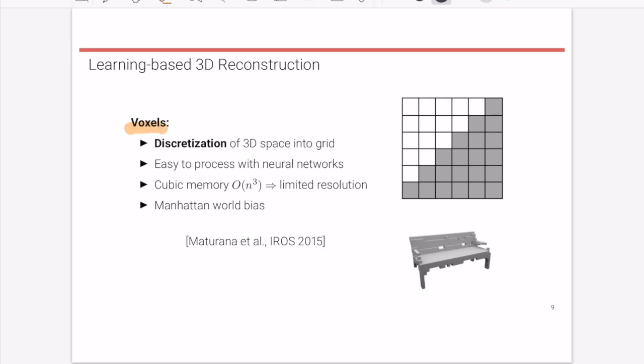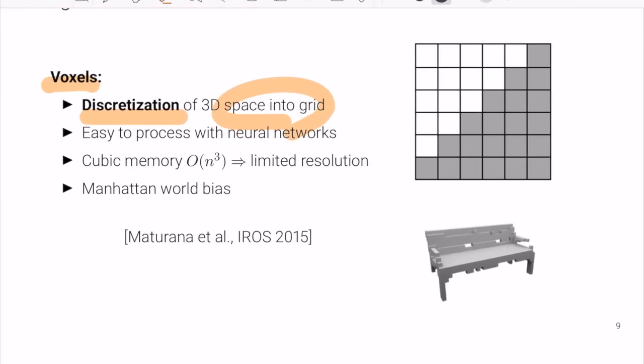The first one is a voxel. Voxel representation is discretization of the 3D space into a grid, similar to the 2D image representation. When you project the 3D field to 2D images or a 2D grid, voxel representation discretizes the 3D field as a regular grid, or a tensor, for example.